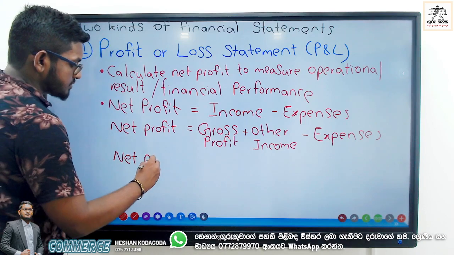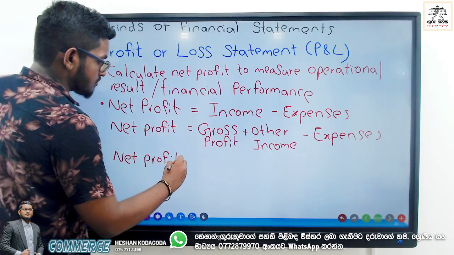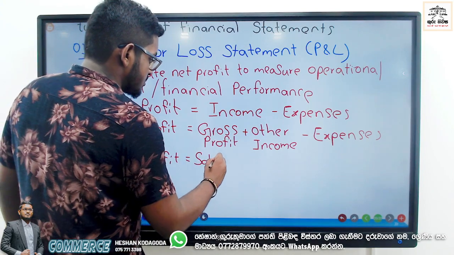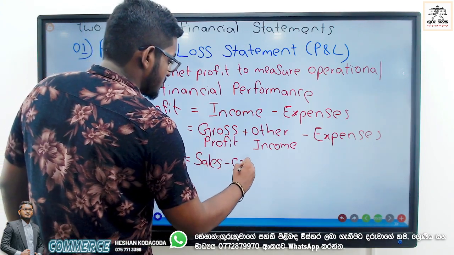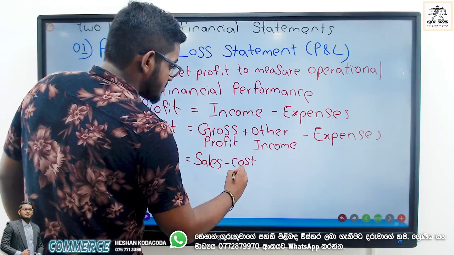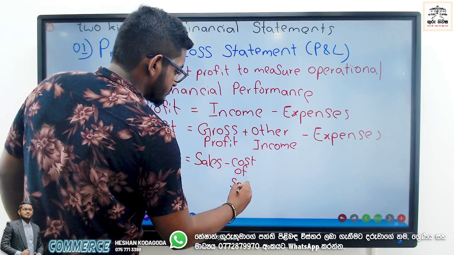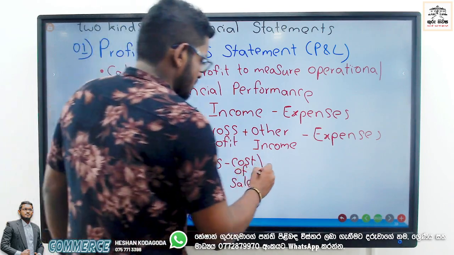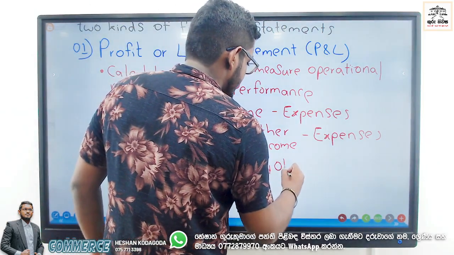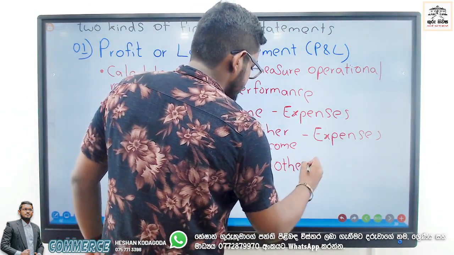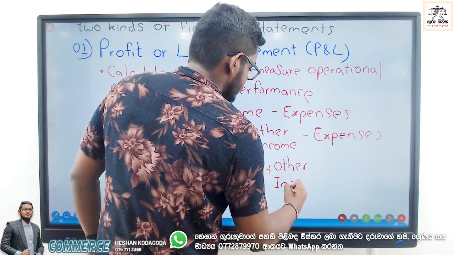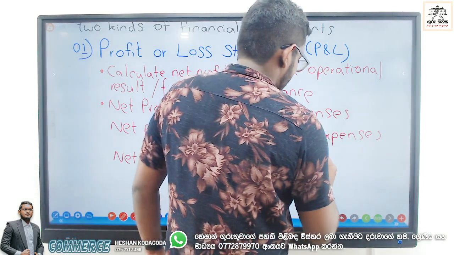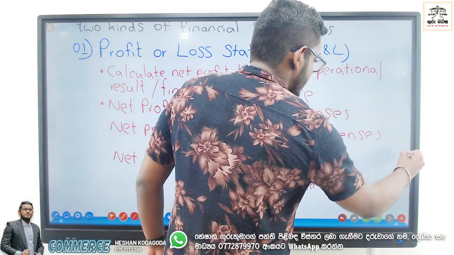Net profit equal sales minus cost of sales plus other income, right, minus there are 4 types of expenses.